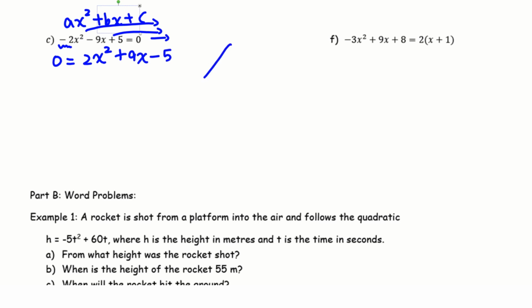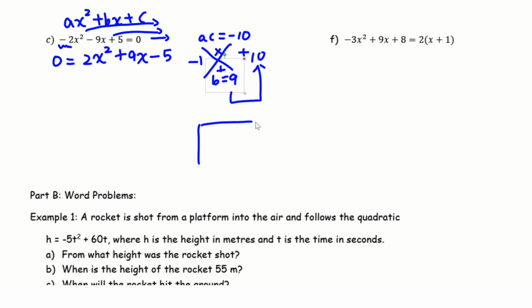The AC times together gives us negative 10. Added together is the B value, 9. The two numbers will be 1 and 10, and the larger number needs to have the same sign as the sum, so it's positive 9, so positive 10. Then times together is negative, so 1 positive, 1 negative.